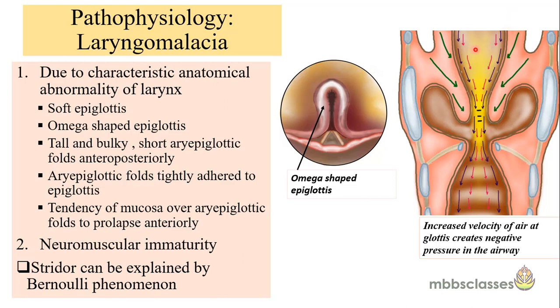As the air rushes through the tall and narrow supraglottis, negative pressure is created near the glottis. This negative pressure tends to close the supraglottic structure, and as the epiglottis is soft and pliable, the laryngeal inlet collapses. When the laryngeal inlet collapses, it generates a further drop in the pressure of the airway, and the child will find it difficult to breathe and will develop stridor.